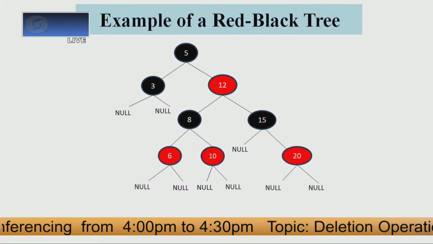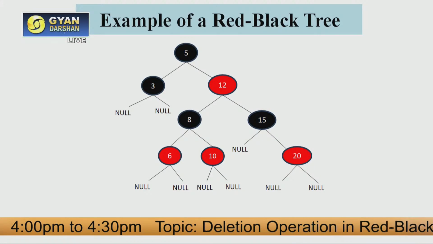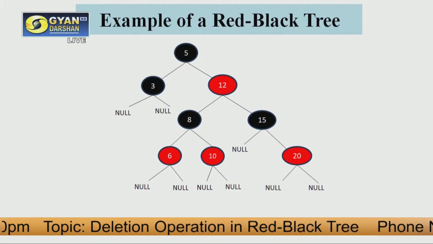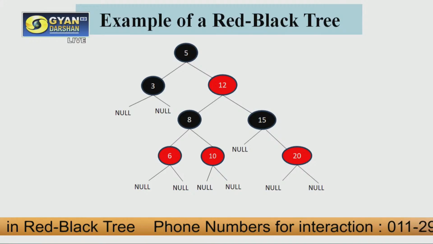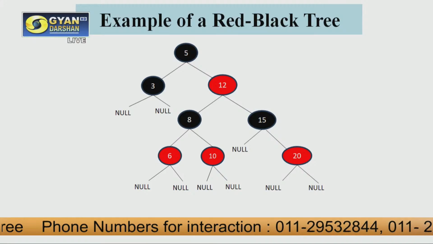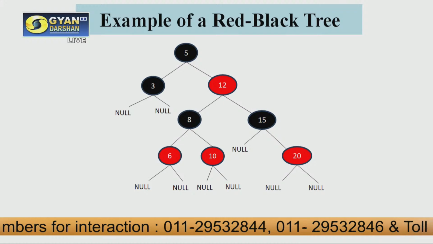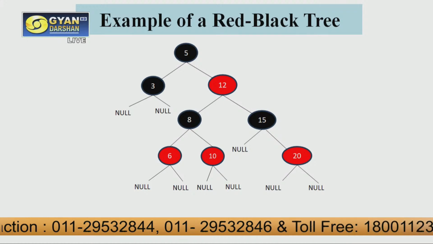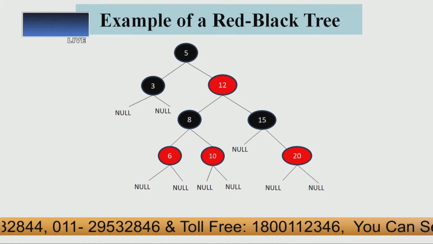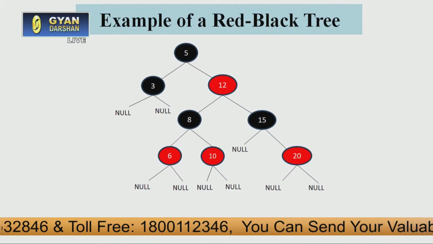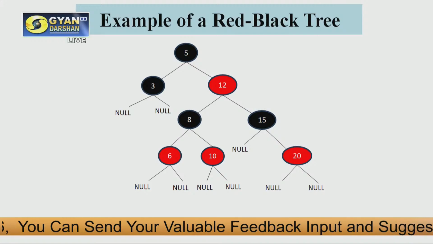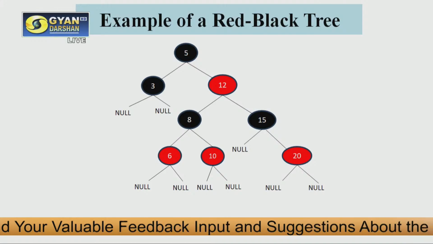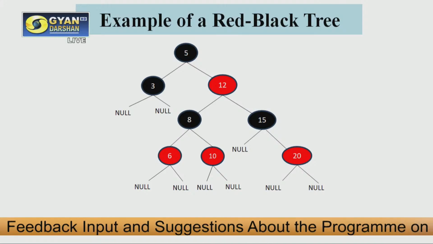Here in this slide you can see an example of a red-black tree. In this you can see that the root node is black and there are two types of nodes, either red or black. It is also a BST because from the root node, say 5, all the nodes in its left subtree have smaller values, and all the nodes in the right subtree of the root have bigger values, and this is true for every node.